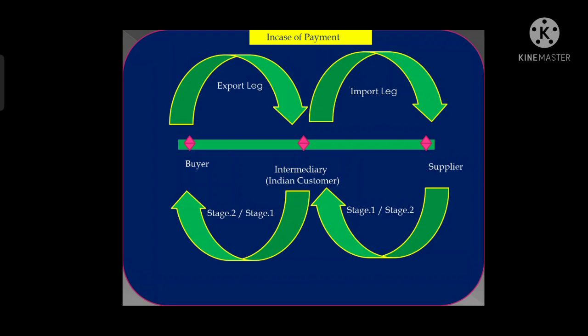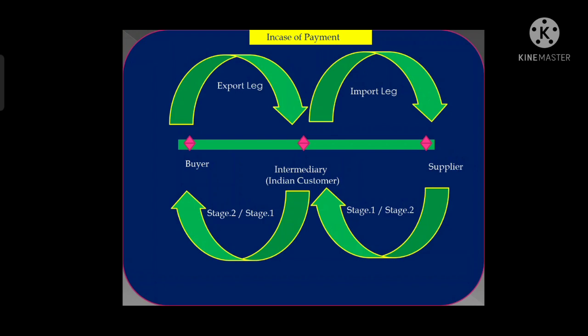So whichever payment is first will be called stage 1. Here the export leg is received first, so stage 1 in the case of payment would be the export leg. In the same scenario, the import leg would be stage 2, right?